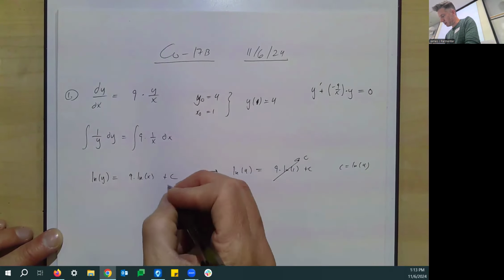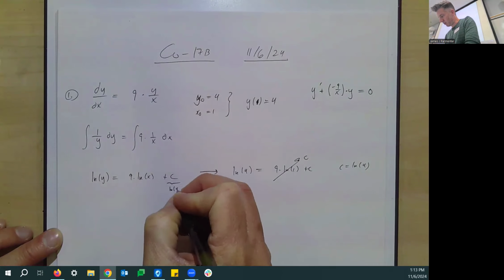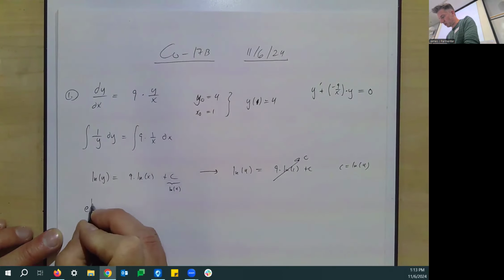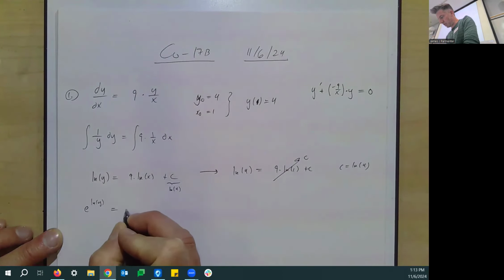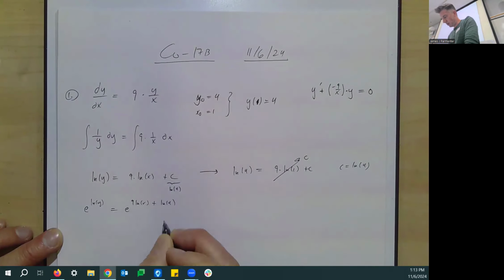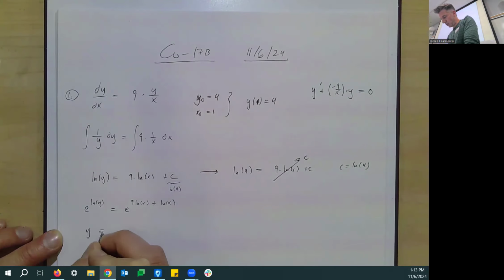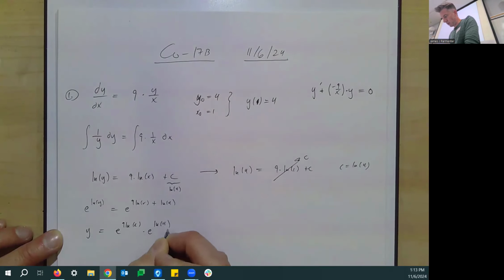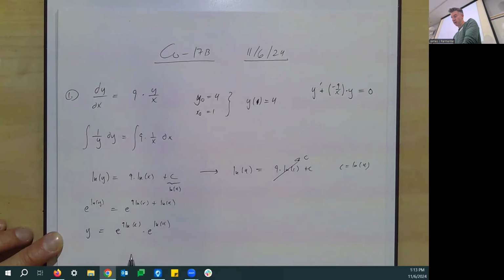So we're going to say that e to the natural log of y equals e to the 9 natural log of x plus natural log of 4. You write this as y equal to e to the 9 natural log of x times e to the natural log of 4. And e to the 9 natural log of x is e to the natural log of x to the 9th, which is just x to the 9th. And e to the natural log of 4 is just 4. So you should get y equal to 4x to the 9th.